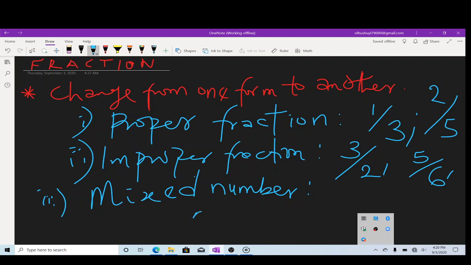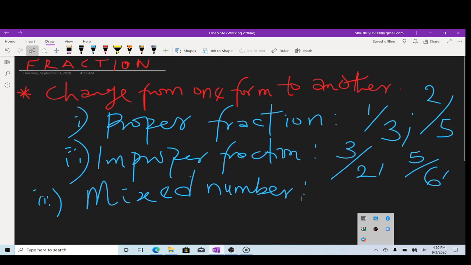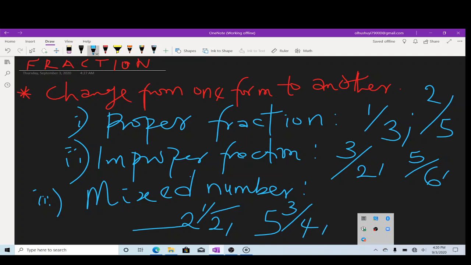So if you have 2 whole number 1 over 2, that's a whole, this is a whole, and this is a fraction. Another one is 5 whole number 3 over 4, and so forth. So these are mixed numbers, or some people can call them mixed fractions.